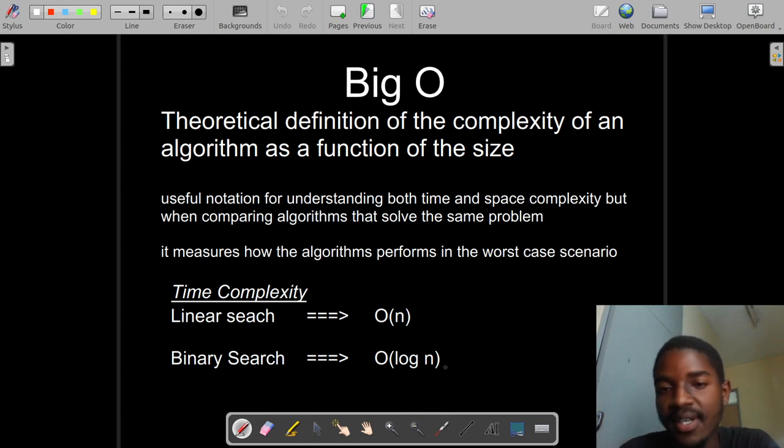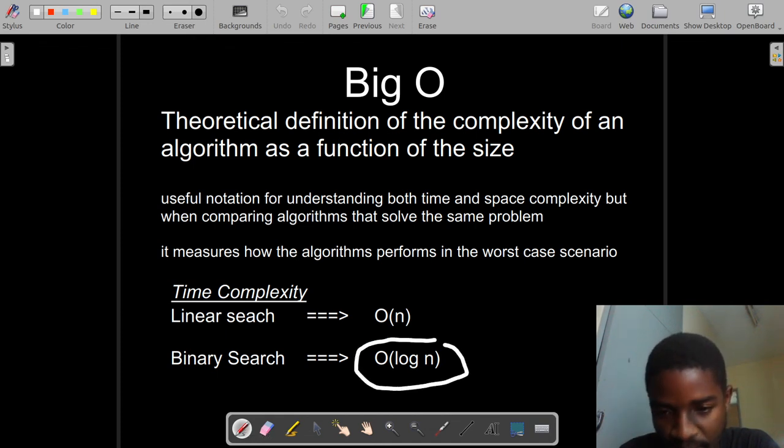I do not want to confuse any of you with the O of the logarithm of n, but we are going to look at it later in some videos coming up in this course, and then you can fully understand what this means.